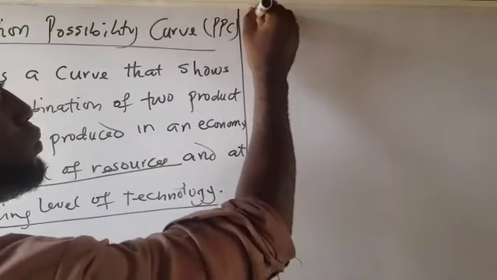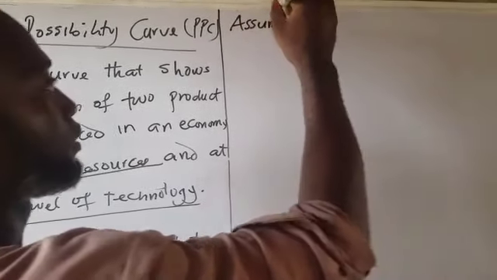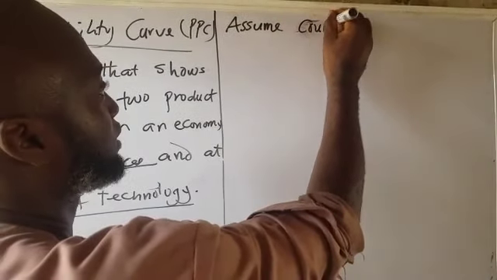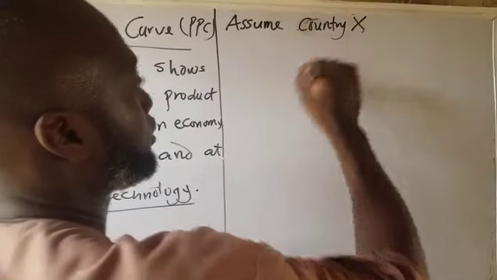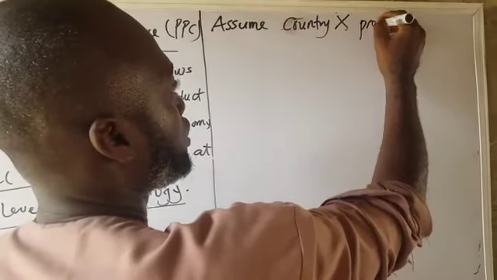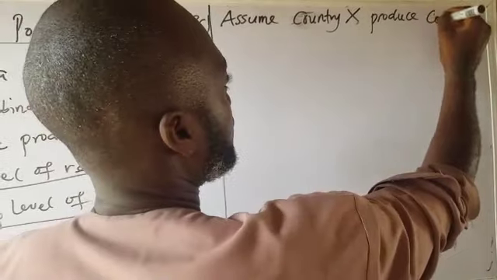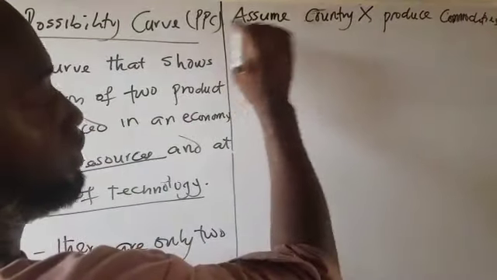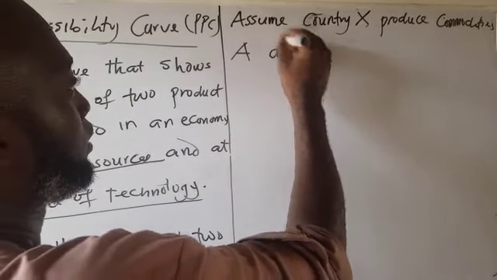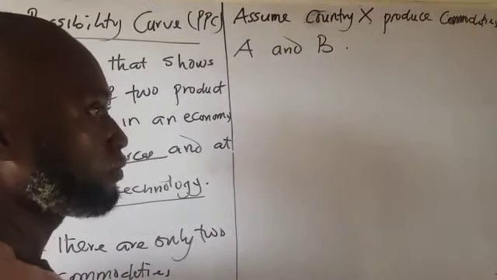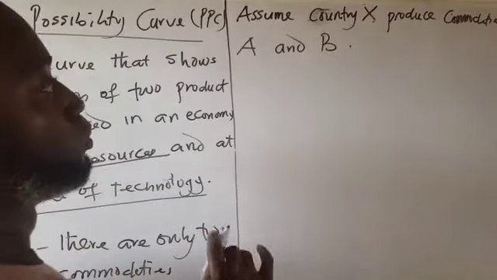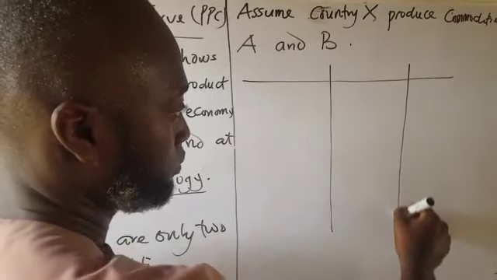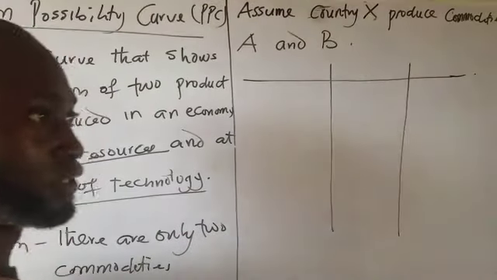Let's assume country X produces commodities A and B. So let's now show the possible combinations of these two products.